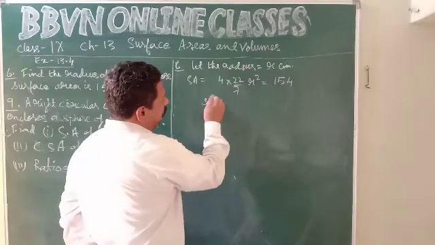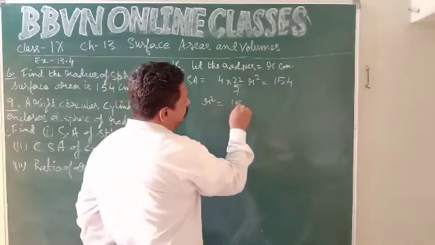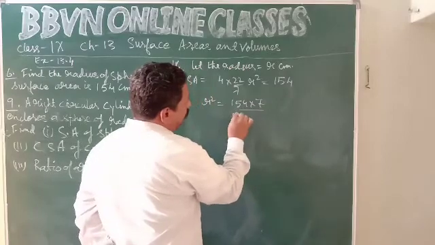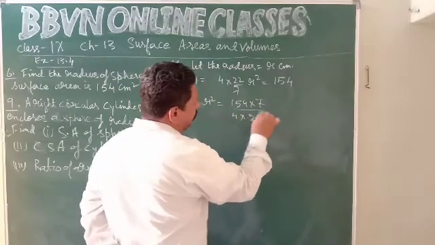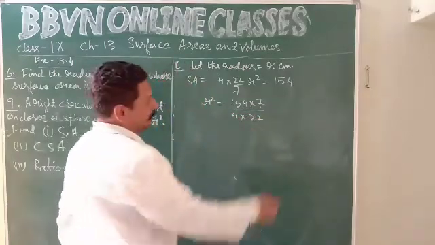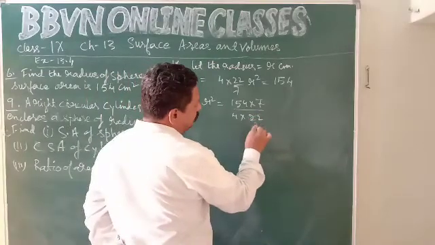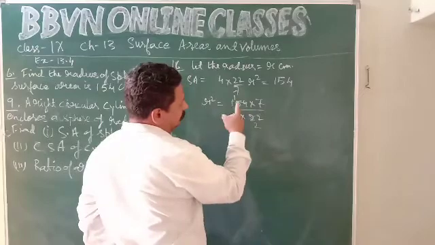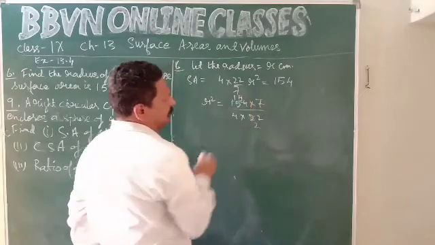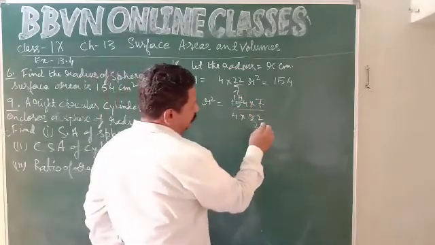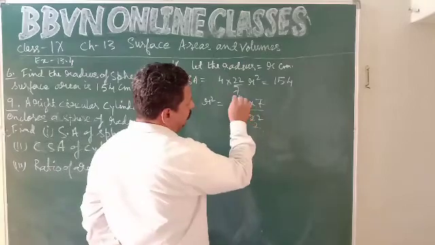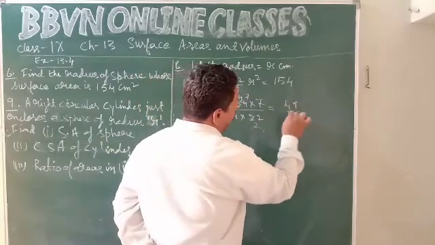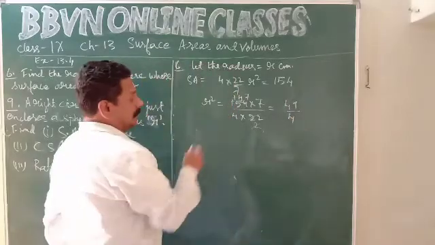Now r square equal to 154 into 7 upon 4 into 22, right? So 11 goes 2 times, 11 goes 1 time and 4 times, 14 times. Now 2 goes 1 time and 2 goes 7 times. What are we left with? 49 upon 4. This is r square.